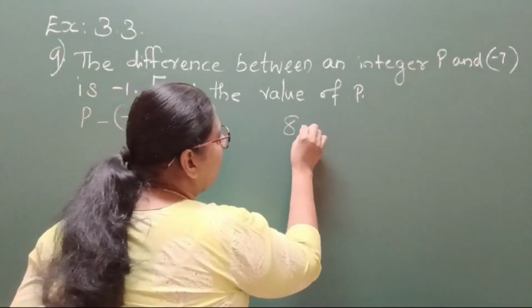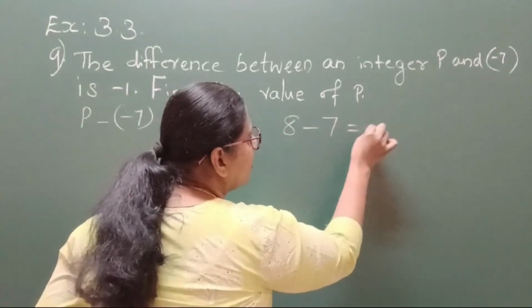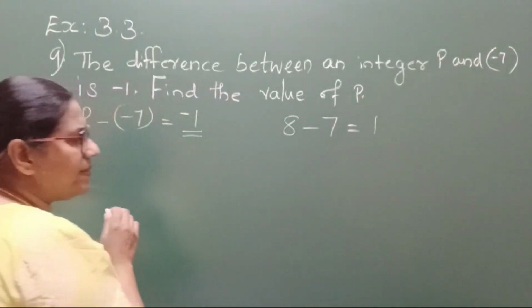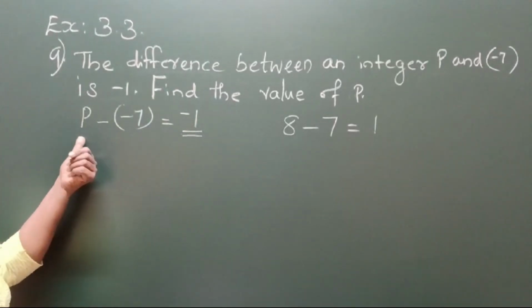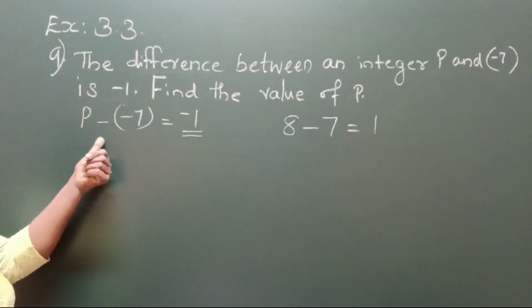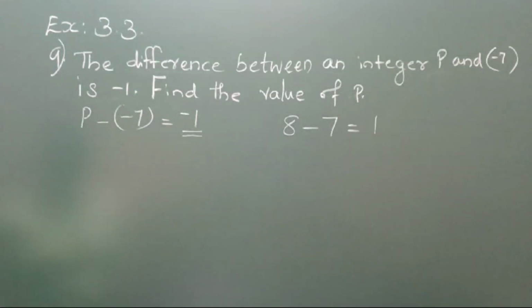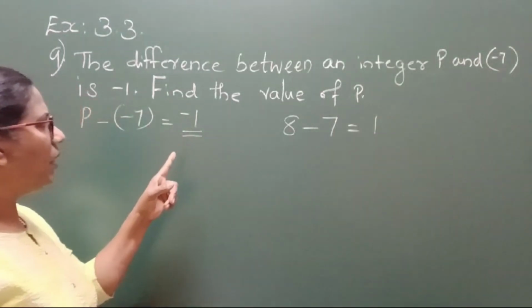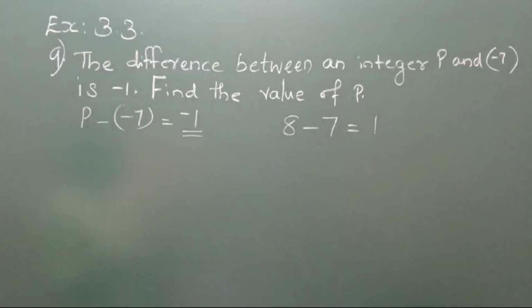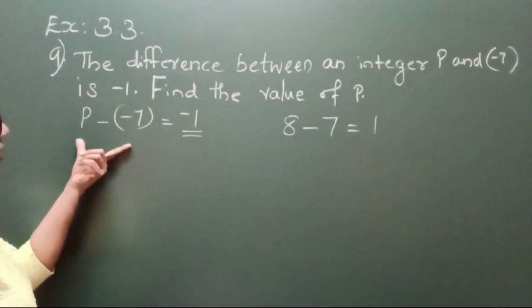Example, 8 minus 7 is equal to 1. This is easy. But here in the question it says p minus minus 7 is equal to minus 1, the answer is also a negative integer. So you have to be very careful here.